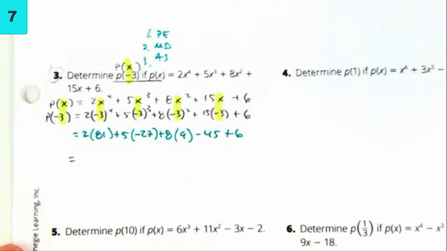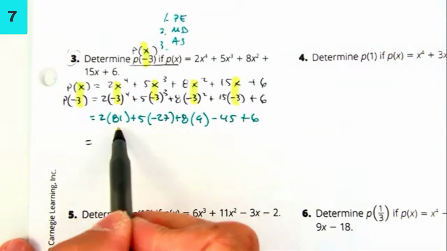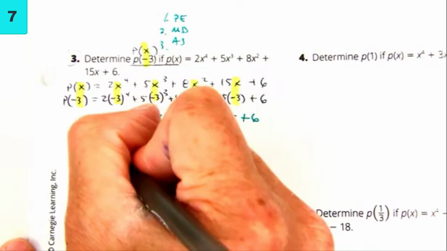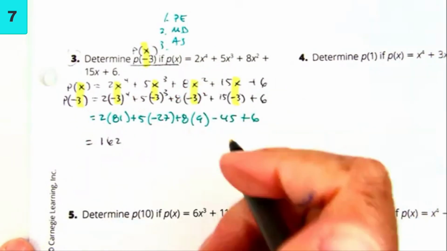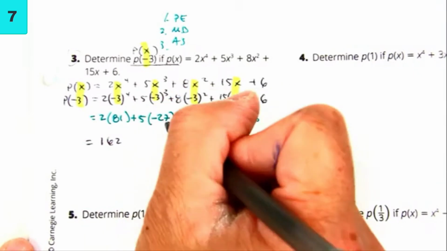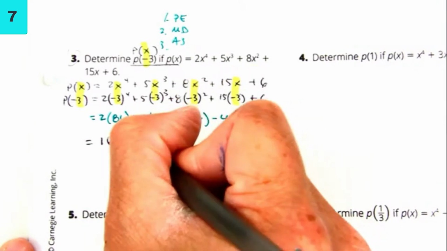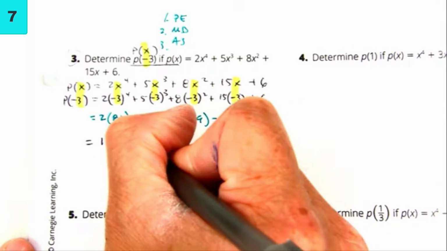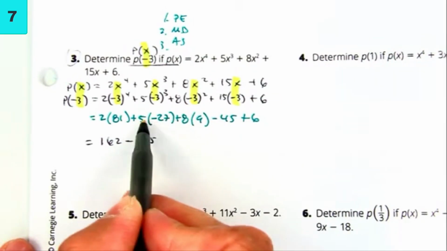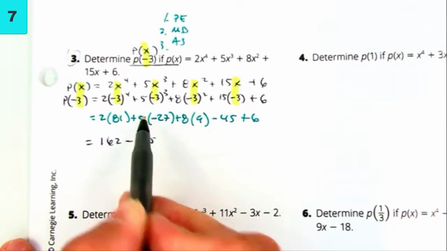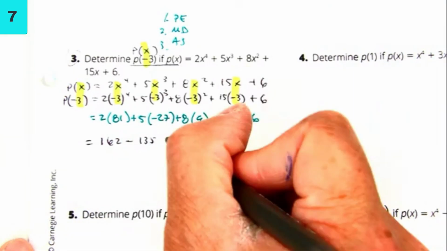Use your calculator. 2 times 81. 5 times negative 27. Now, be careful here. You're not subtracting. Remember, when you have no math operation there, it's multiplication. 8 times 9.